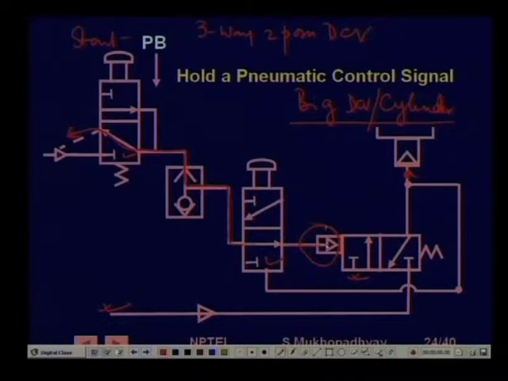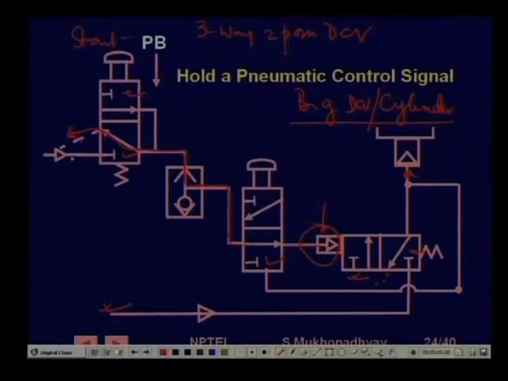When there is no pressure here, this pilot is also connected to exhaust, all right. Now, suppose the start PB is pressed. Then it will be in this box.